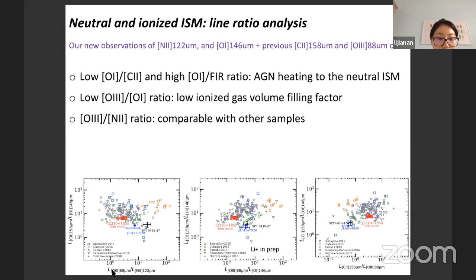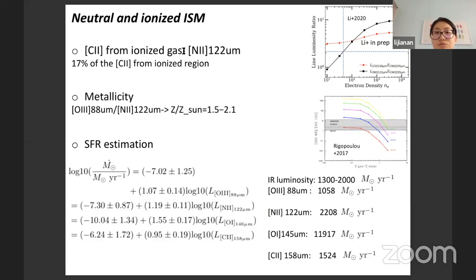And as for the oxygen-3 to nitrogen-2 ratio, we find that this quasar shows a ratio comparable with the mean of the local sample, and this is smaller than the other two high redshift objects. And from the nitrogen-2 line, we also derive that less than 17% of the C+ is from the ionized gas region.